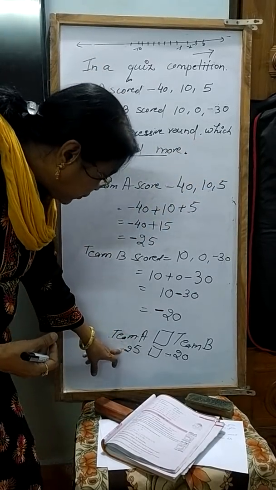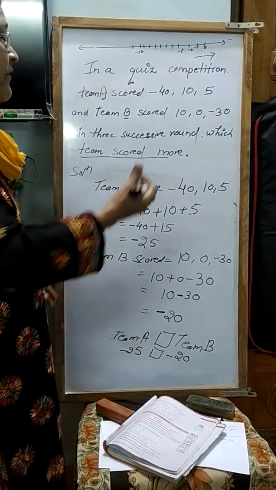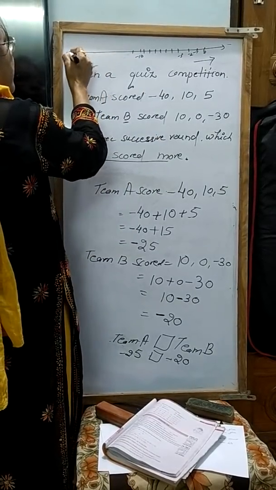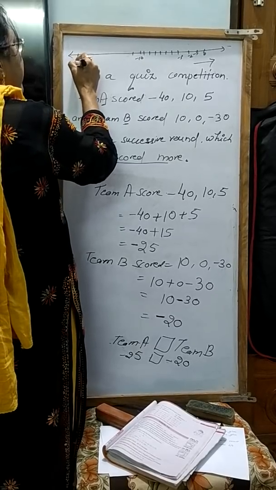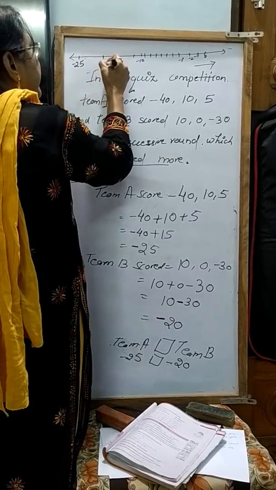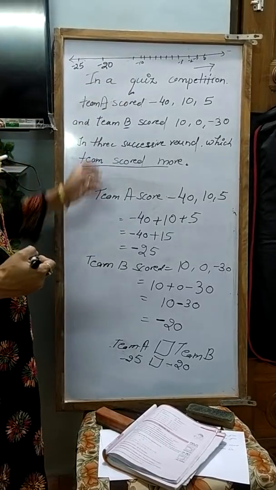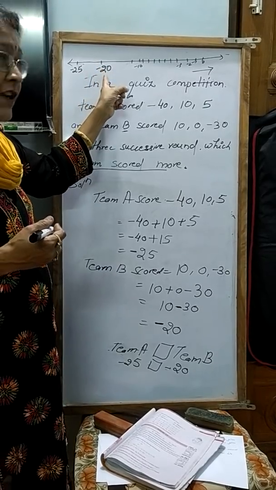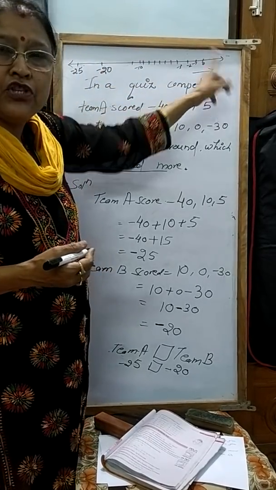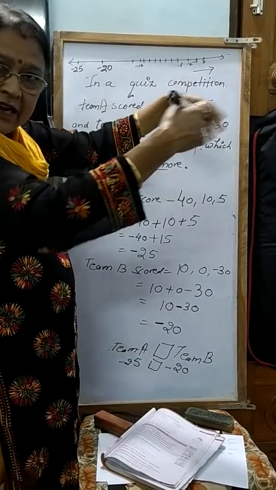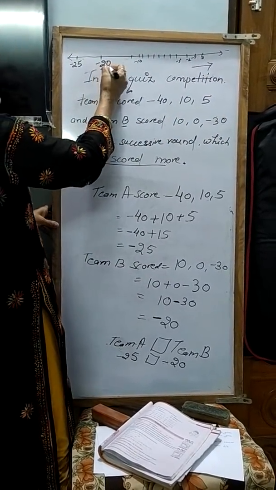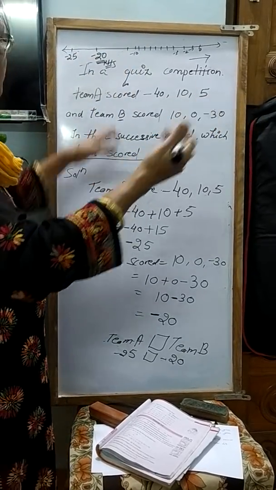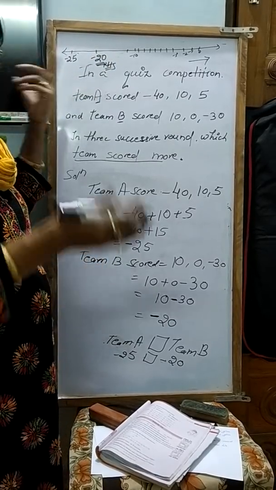अब देखें -25 और -20 में which is present where. Now अगर हम इस नंबर लाइन पे ड्रॉ किया तो हम देखेंगे -25 यहाँ कहीं आएगा और -20 यहाँ कहीं आएगा. अगर इन दोनों को कंपेयर किया तो कौन सा नंबर बड़ा होगा? -20, क्योंकि ये पहले आ रहा है, 0 के इधर आ रहा है, राइट हैंड साइड में आ रहा है. तो जो नंबर राइट हैंड साइड में होगा वो बड़ा होगा और जो नंबर लेफ्ट हैंड साइड में होगा वो छोटा होगा.